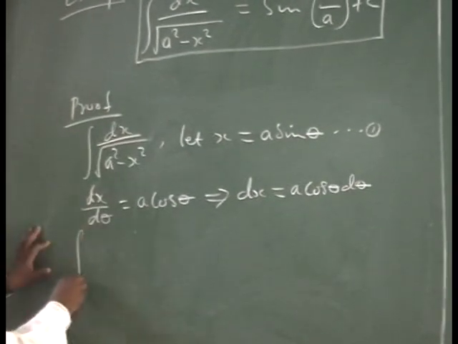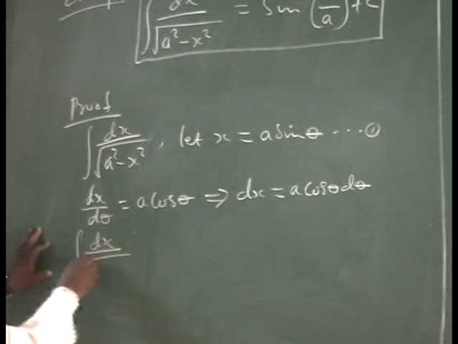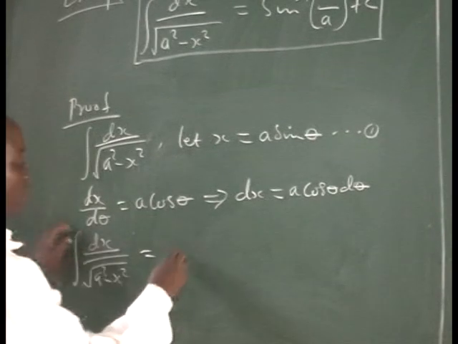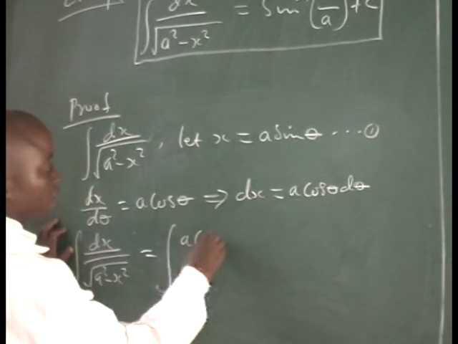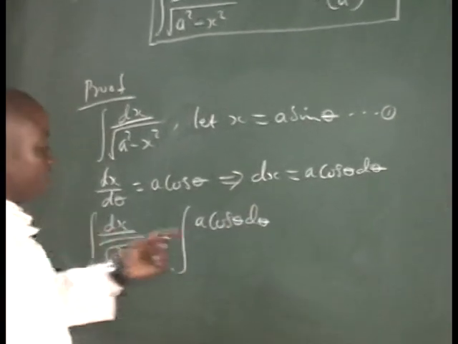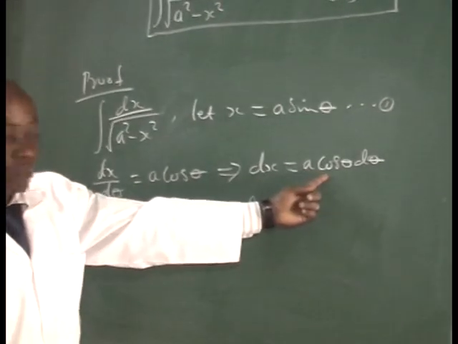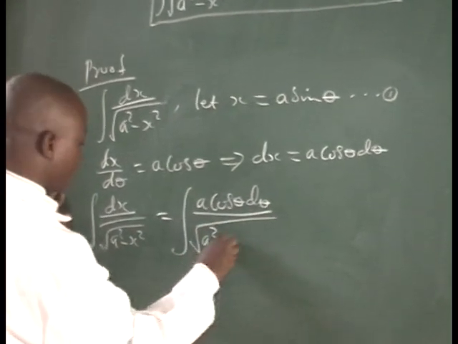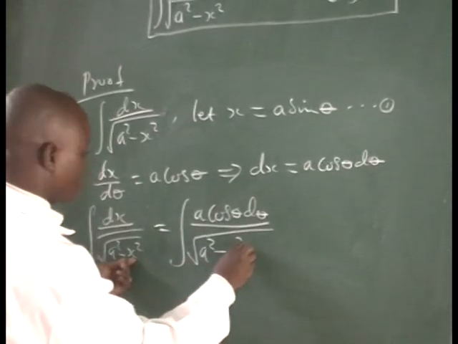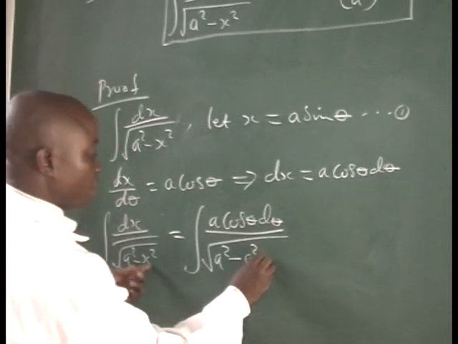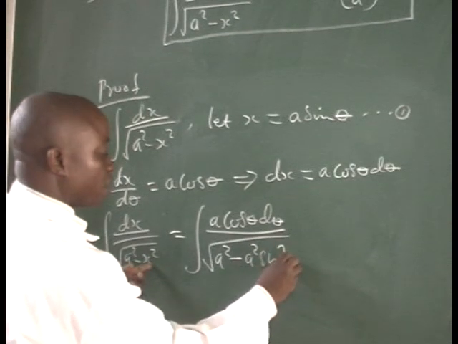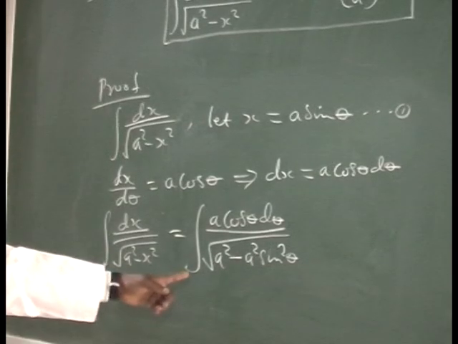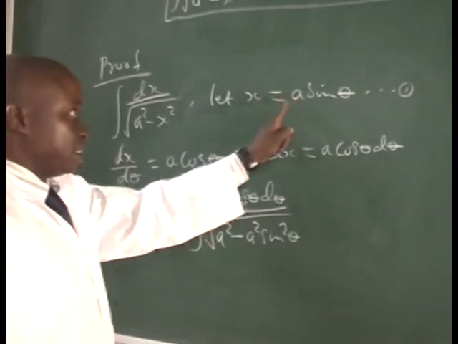So that integral of dx all over the square root of a squared minus x squared will be equal to the integral of a cos theta d theta all over the square root of a squared minus a squared sine squared theta, because x is a sine theta.